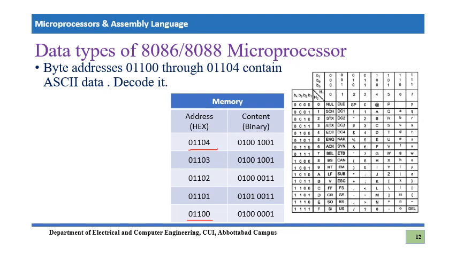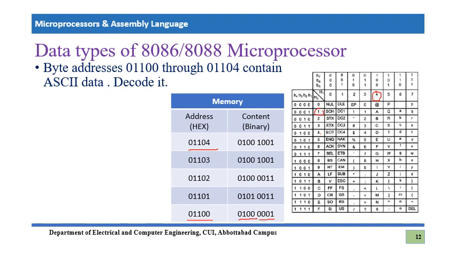Let's take the very first information, which is 0100 0001. So 0100 is equal to 4, and 0001 means 1.